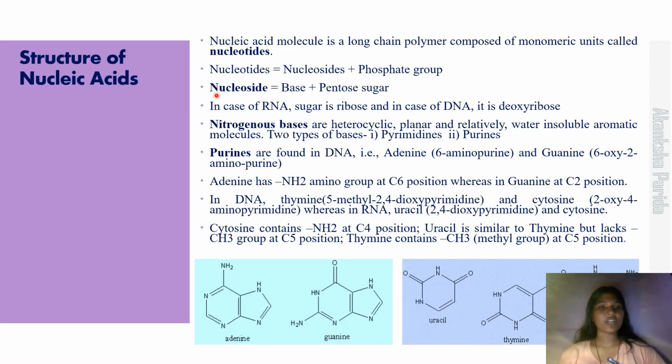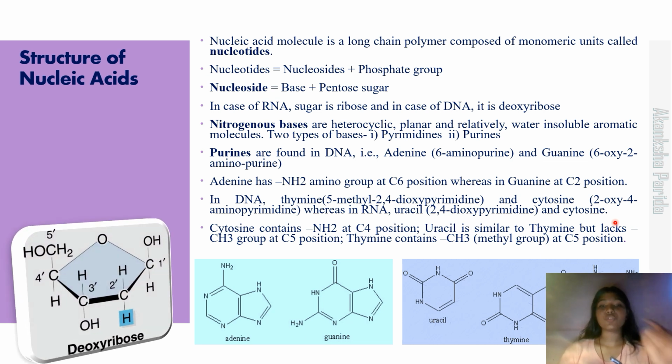Structure of nucleic acids. Nucleic acid is a long chain polymer composed of monomeric units, meaning single units, nucleotides. Nucleotides are a combination of nucleoside plus phosphate group. Nucleoside is base, that is nitrogenous base, plus pentose sugar.